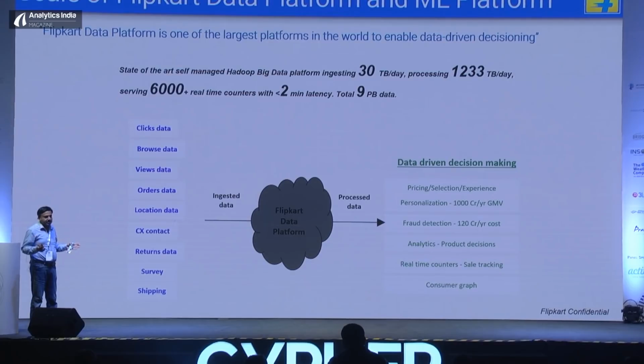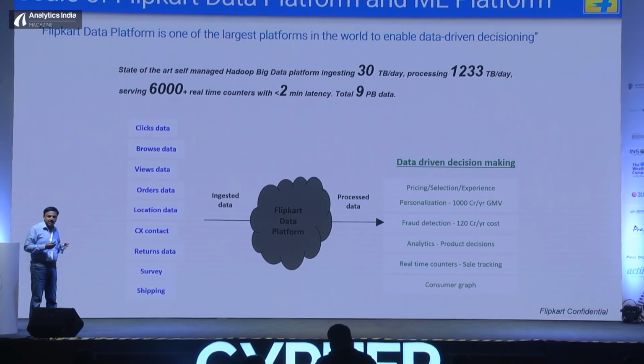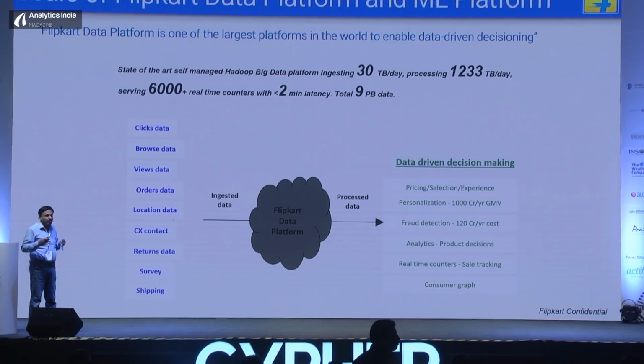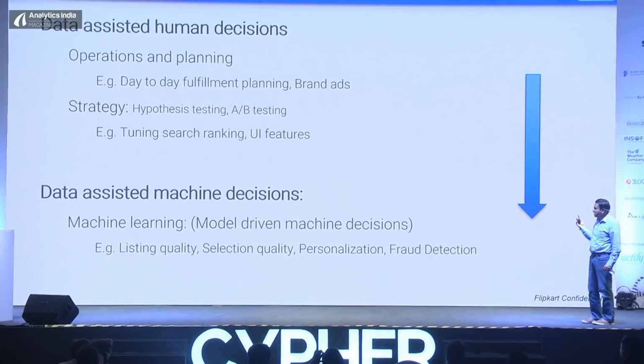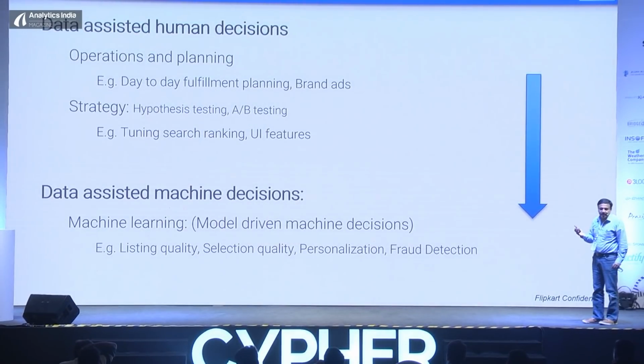Basically, the way Flipkart works is there are a bunch of engineering systems. All of them generate data, and all this data gets ingested into the Flipkart data platform. There is also a data platform and an ML platform on which you can launch models at scale. Business categories, and so on and so forth.